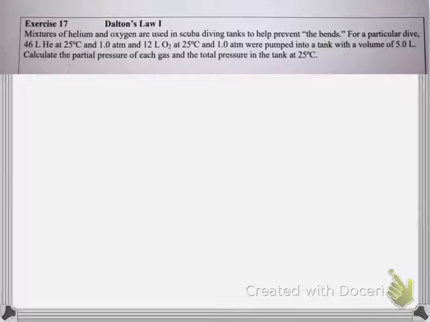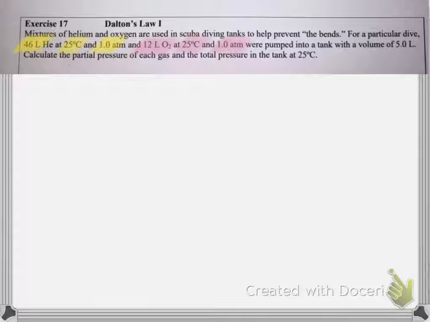So we have 46 liters of helium, 25 degrees Celsius, and 1 atm. And then we also have 12 liters of oxygen, 25 degrees Celsius, 1 atm. Remember, we need to know our total number of moles.